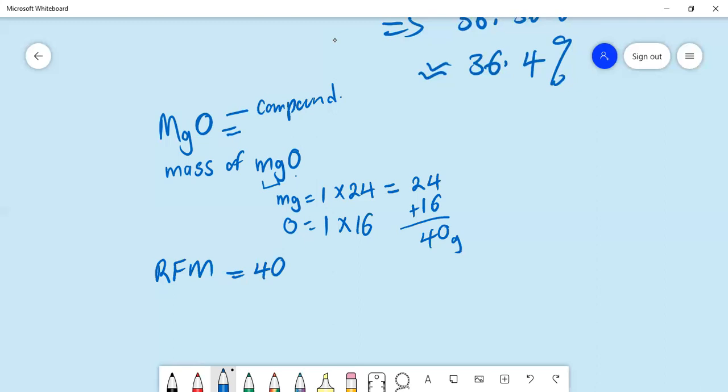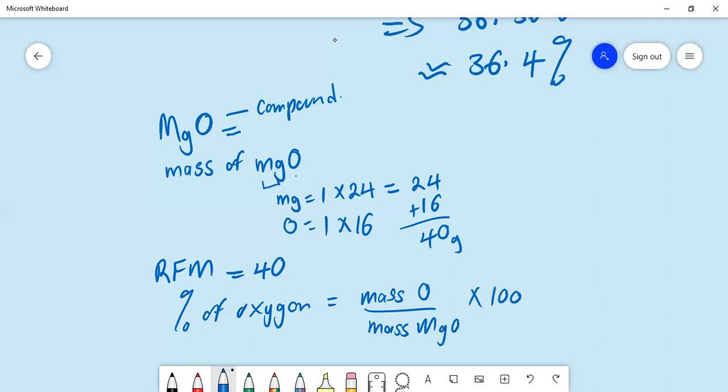Now they can ask us to find the percentage of oxygen. The mass of oxygen in this formula is only 16 because we have only 1 atom of oxygen. So it will be the mass of oxygen out of the total mass, which is magnesium oxide, times 100%.